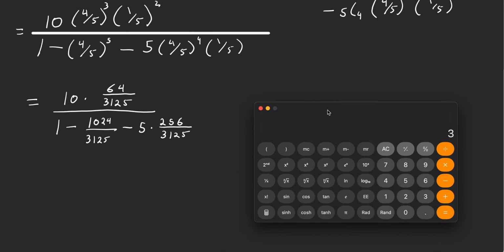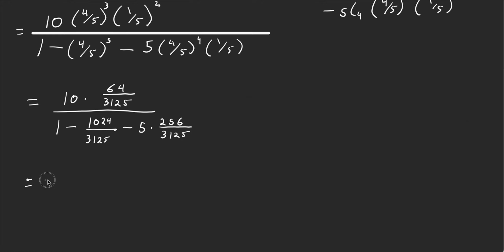So let's just be absolutely positive. 5 to the 5th is 3125 minus 1024 minus 5 times 256 is 821, over 3125. And then that's 640 over 3125. Okay, guess what's going to happen with that denominator?